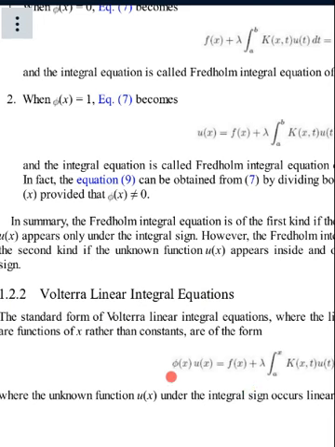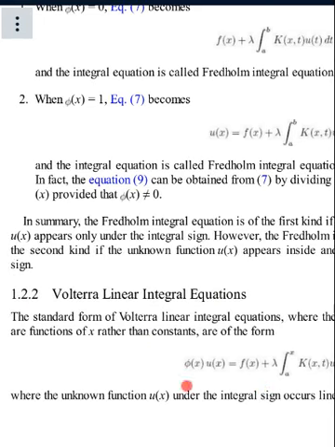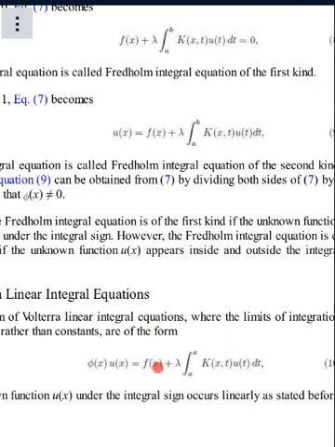But here, the book considered the standard form of Volterra linear integral equations, and this standard form is how you can see here. Once again, we have the multiplication of the functions phi and the unknown function u equals f of x plus this integral sign, and the lower bound of the integral is a fixed number, and the upper bound is x, which is our variable.